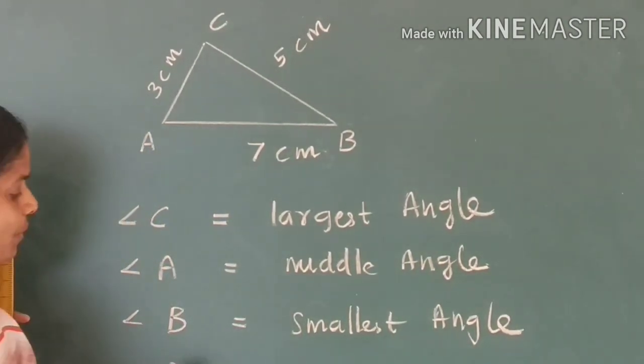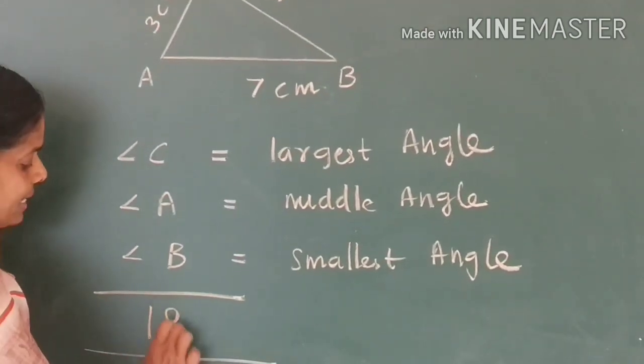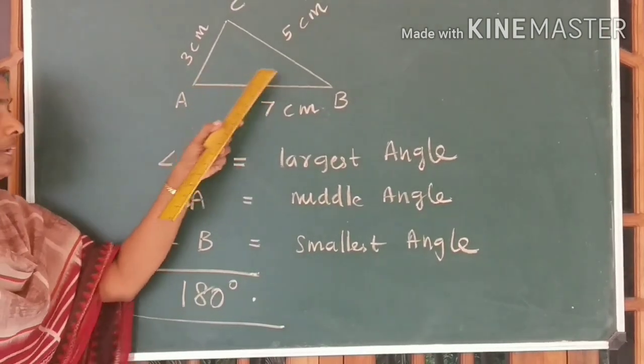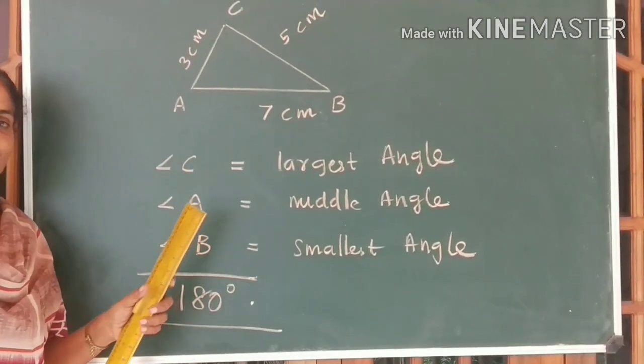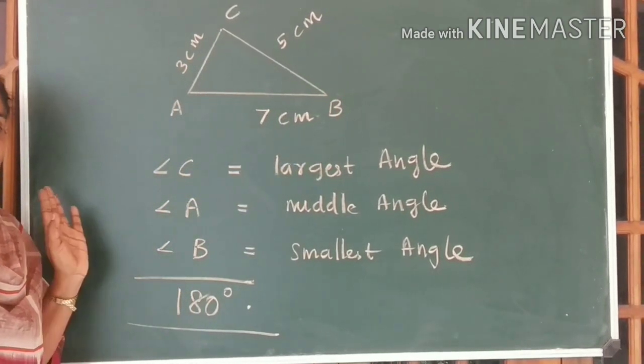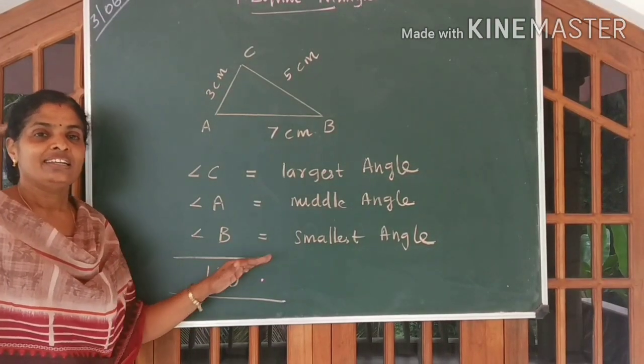And if you add the sum of the three angles, you will always get 180 degree. By drawing this figure, you can verify the sum of all angles in a triangle to be always 180 degree.